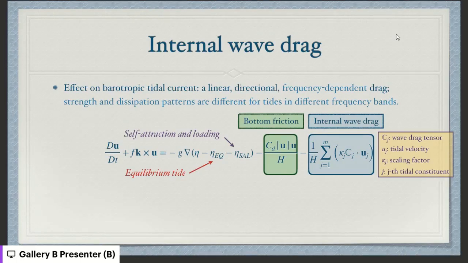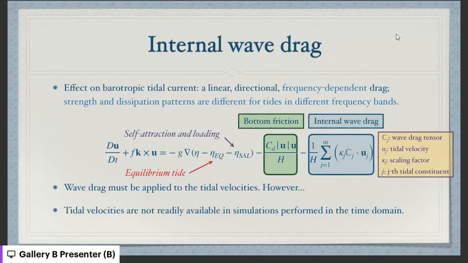So this is why in the equation, in the term that represents this frequency-dependent drag, the drag itself is not applied to the total velocity. Rather, it is applied to the tidal velocity, and the combined effect throughout the entire frequency spectrum is represented by the summation of the drag at different frequency bands.